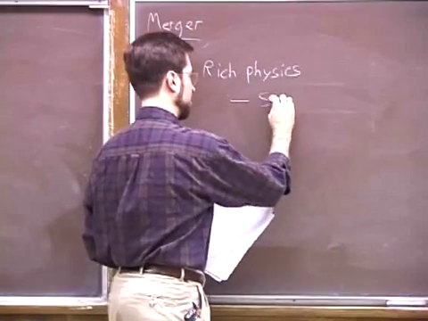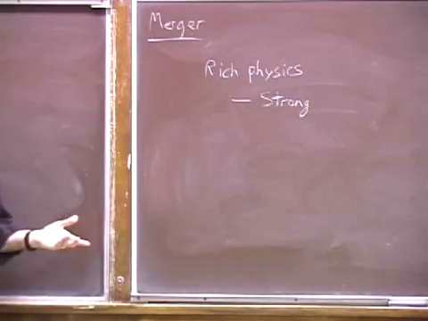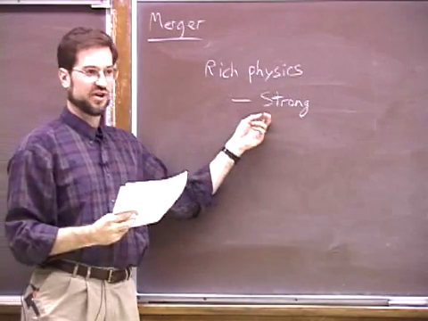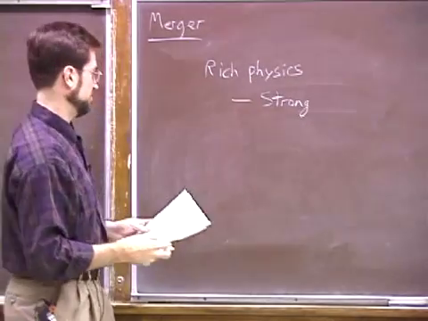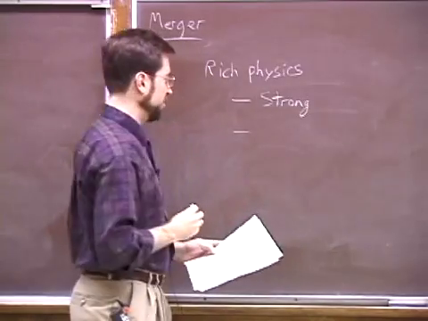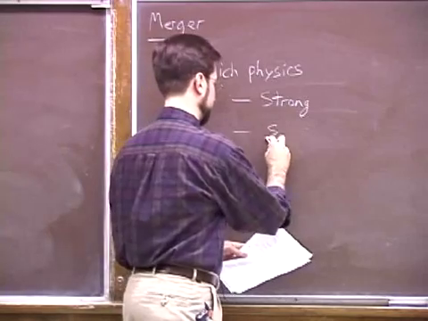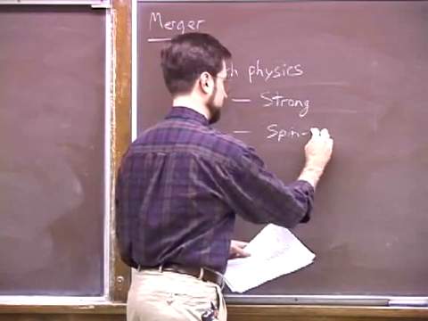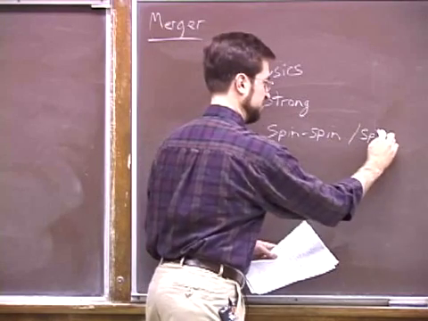So the fields are strong, so you have a lot of phenomena associated with strong field relativity that you have in the merger that you might not have in, say, the in-spiral. And you get interesting effects having to do with angular momentum. So you get spin-spin and spin-orbit effects.